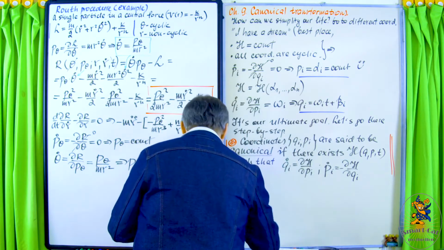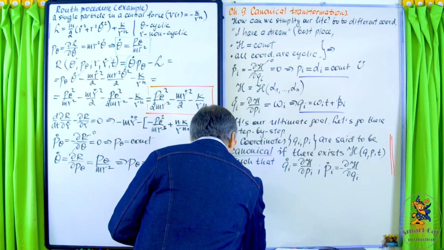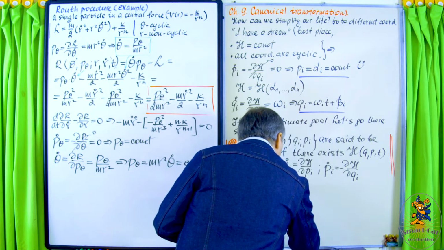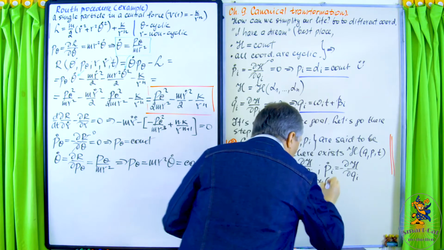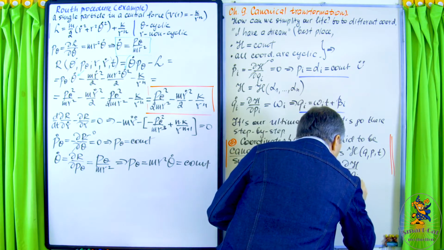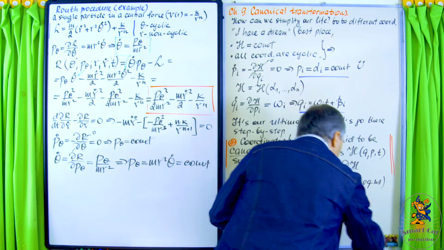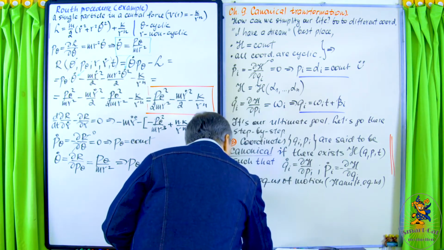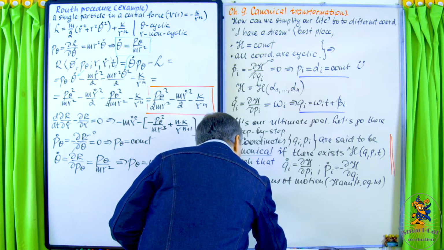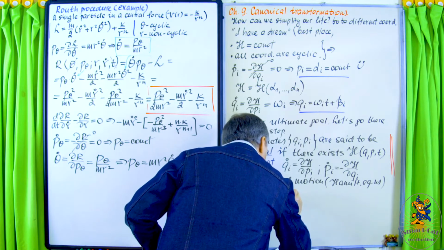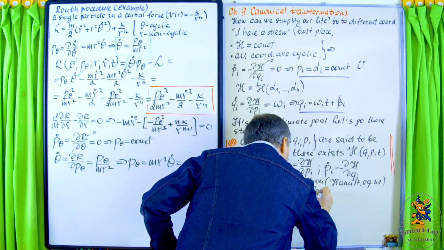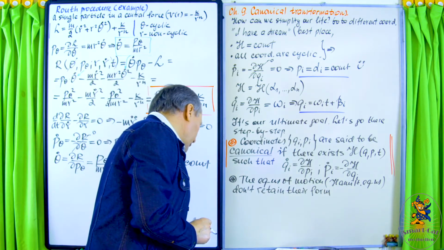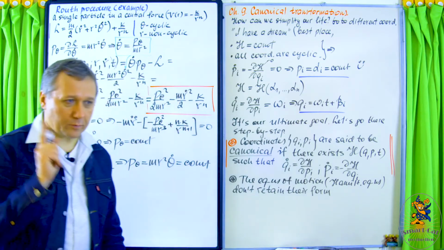I will put a new bullet and write down: the equations of motion, basically Hamilton's equations, do not retain their canonical form under all transformations.